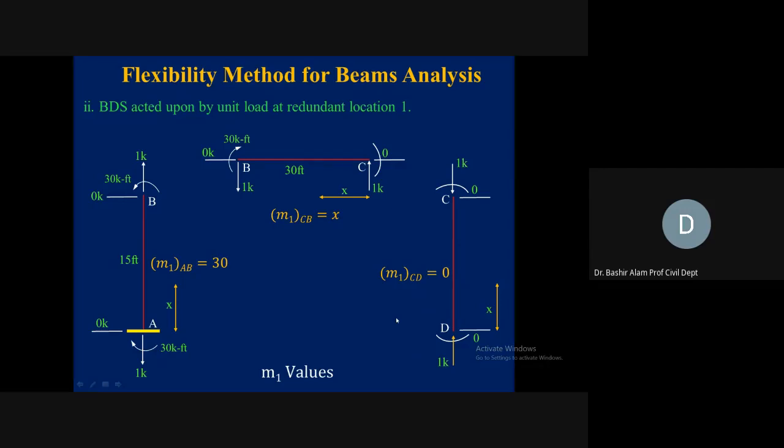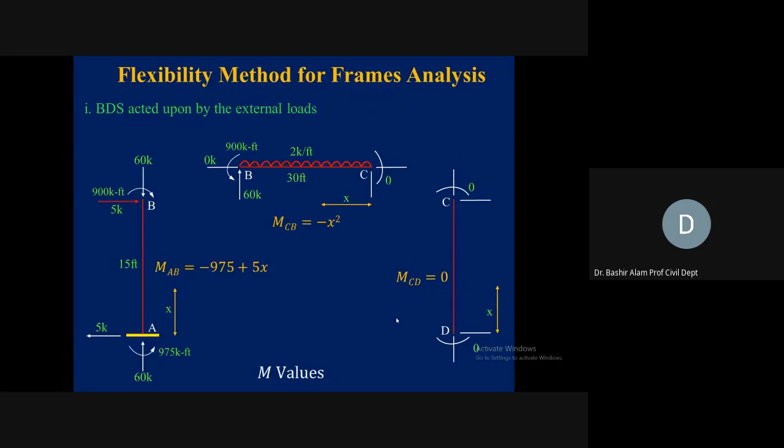Quickly write these values. Take out your pens and write that MAB is equal to 5x minus 75 and origin is A, so that when we get to the table, you understand how we fill out the table. For BC, C is the origin and MCB, the moment equation is minus x square.